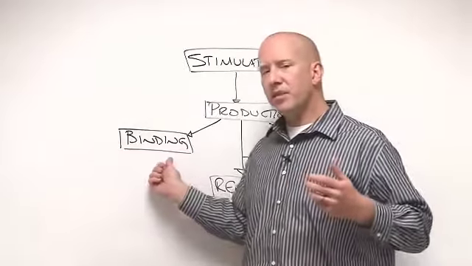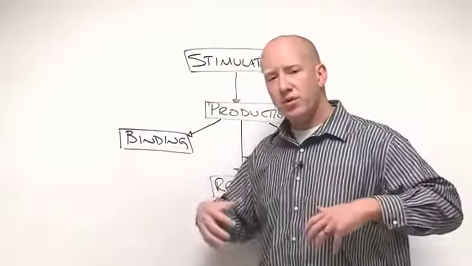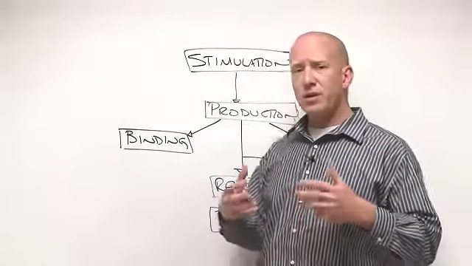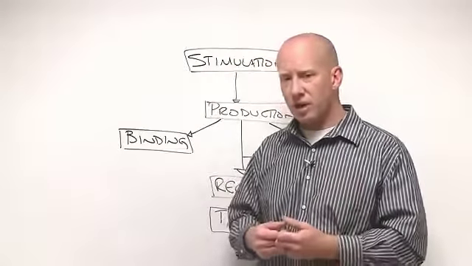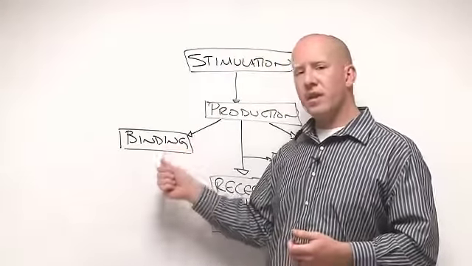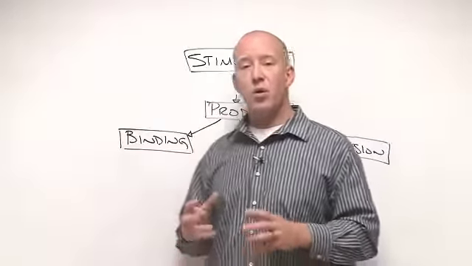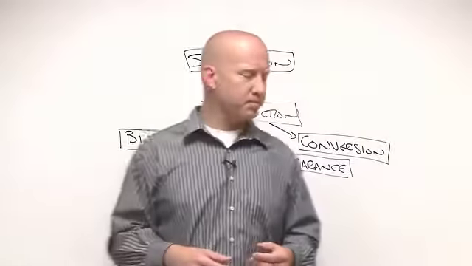So you can see that this could be another potential area of defect. Let's say somebody produces too much of these binding globulins or binding proteins; that effectively reduces the amount of free hormone that can actually get into the cell and do its thing. So another possible area of defect, either if somebody has abnormal hormones on a blood chemistry or is experiencing low hormone symptoms, can be because of binding.